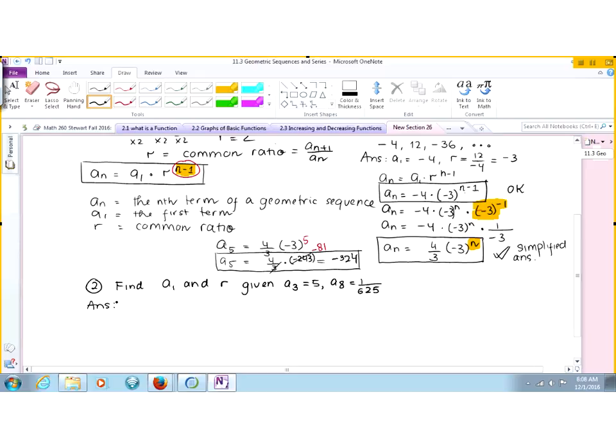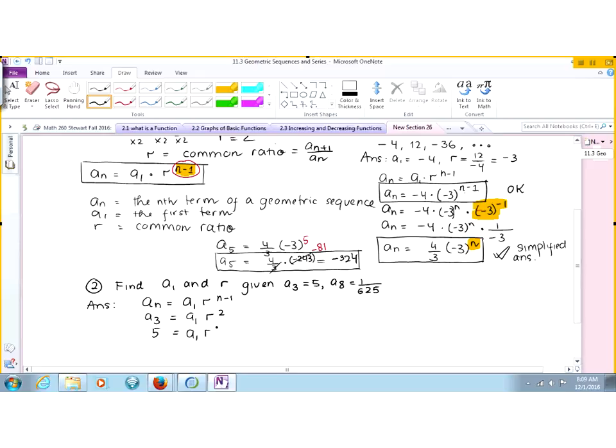How are we going to answer this? So any idea? What are we going to do? What's the formula that we're going to use? AN is equal to A1 R to the N minus 1. Yes. So A3 is 5. So A3 is equal to A1 R squared.